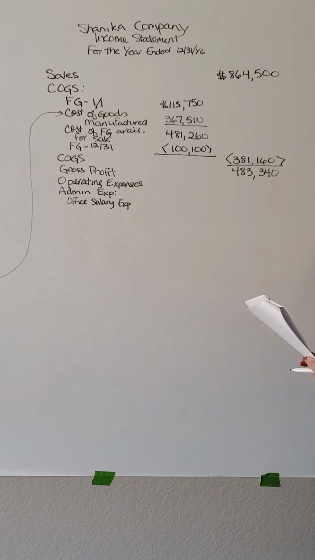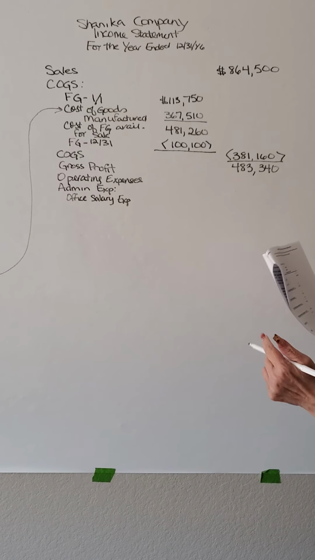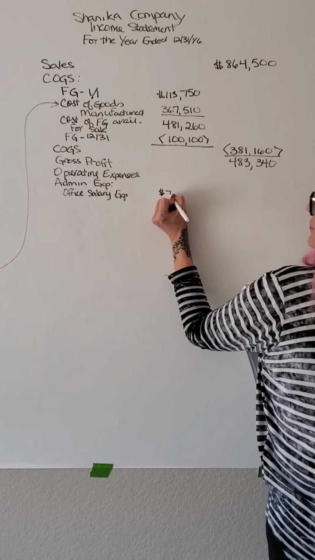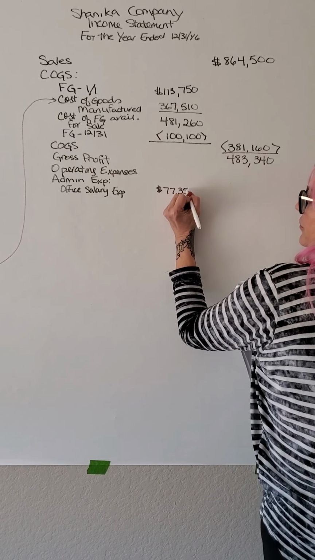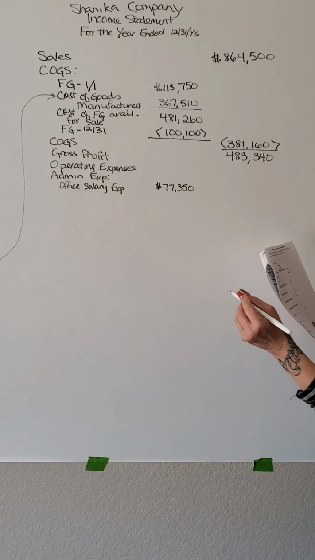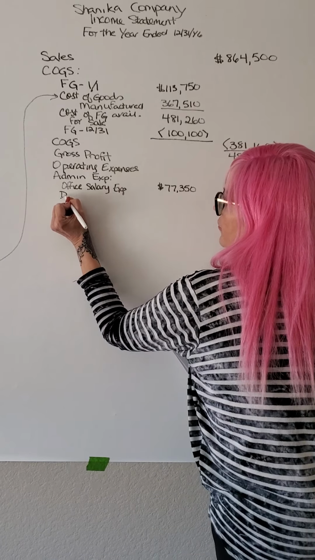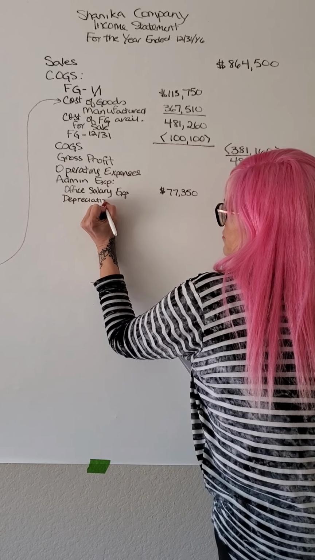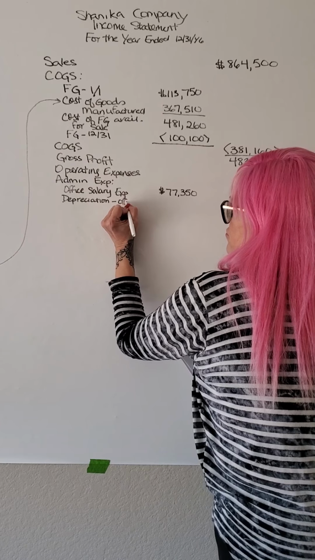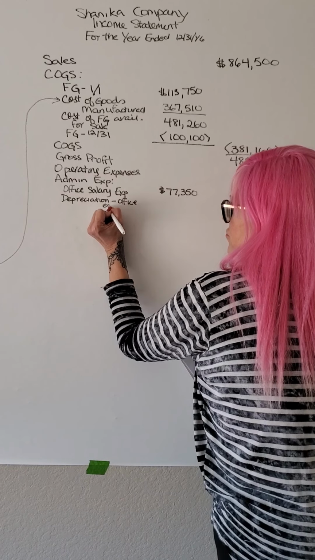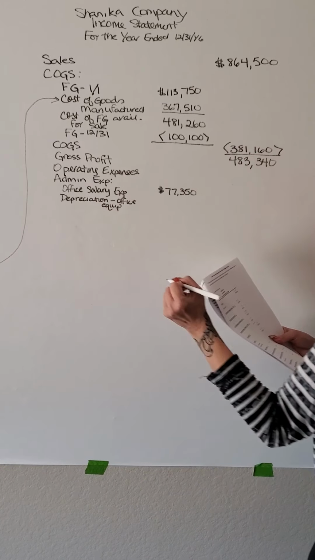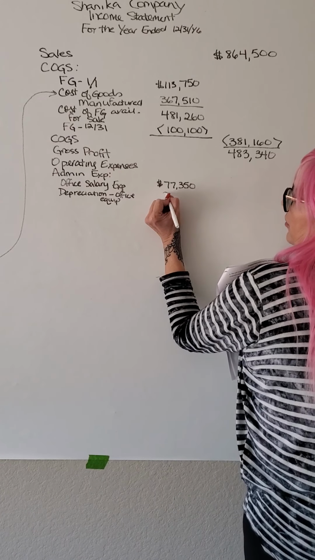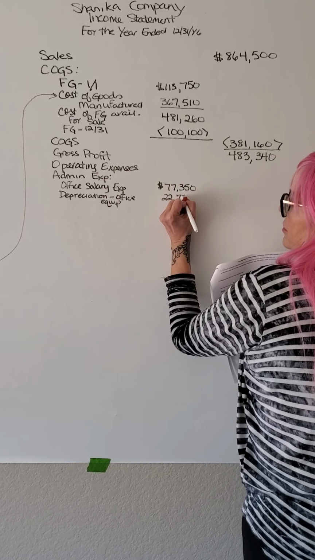Kind of backed myself into a corner here, didn't make it wide enough. So I have office salaries expense of $77,350. I'm gonna add to that depreciation expense for the office equipment. That's why you wanna be sure that you've got your categories correct. $22,750.